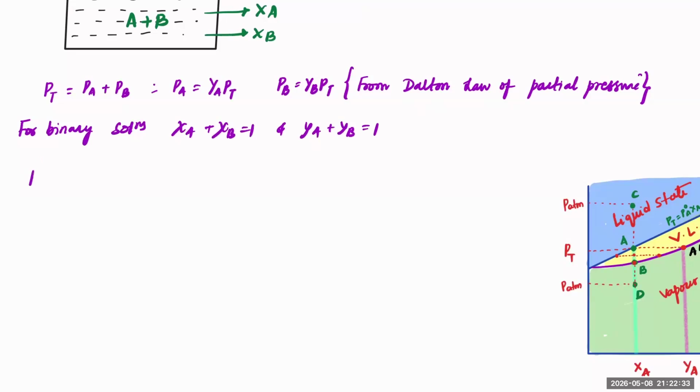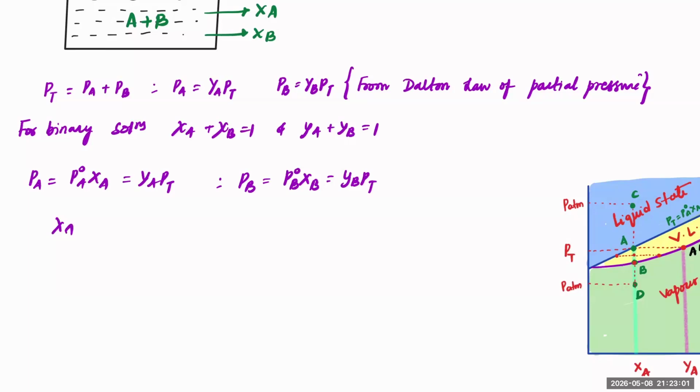We can write partial pressure of A as P naught A XA as per Raoult's law, and which can also be written as YA into P total as per Dalton's law. Similarly, PB can be written as P naught B XB, which can also be written as YB into P total. Okay.